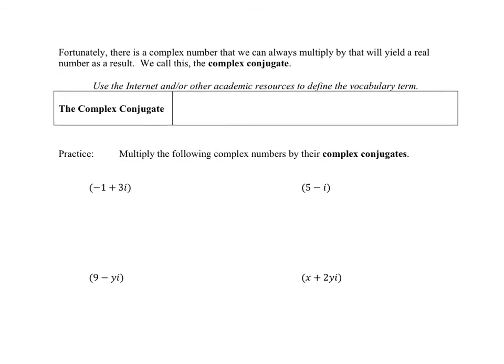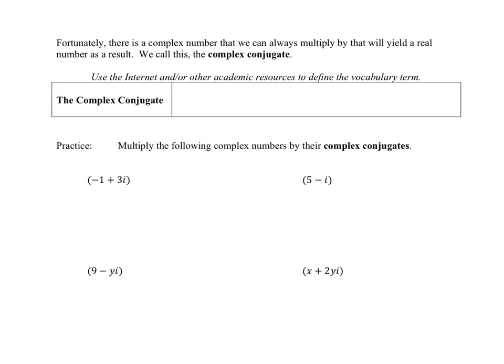So the complex conjugate. Let's say we have a complex number 2 plus 3i. Okay, so if 2 plus 3i is a complex number, then its conjugate is 2 minus 3i.